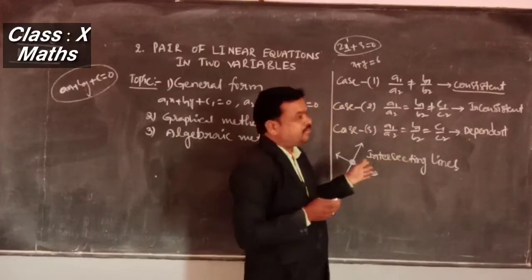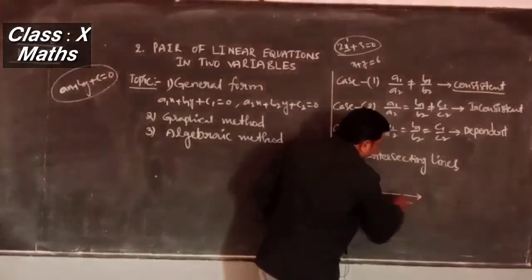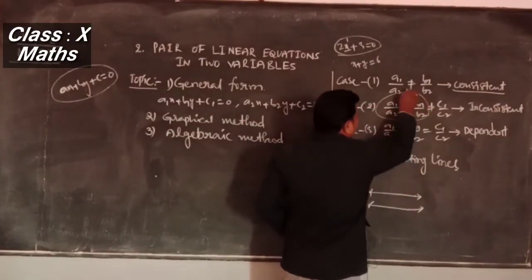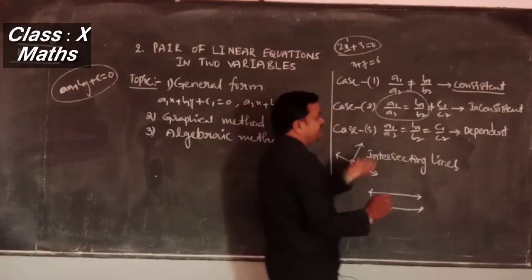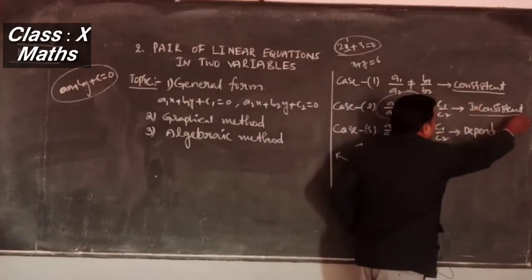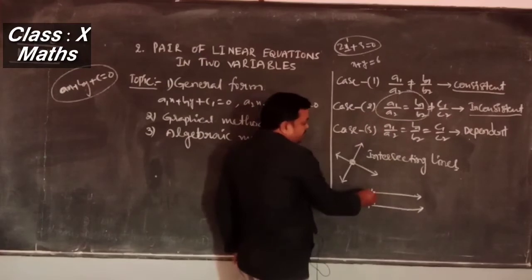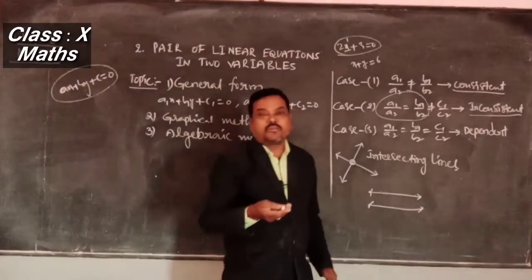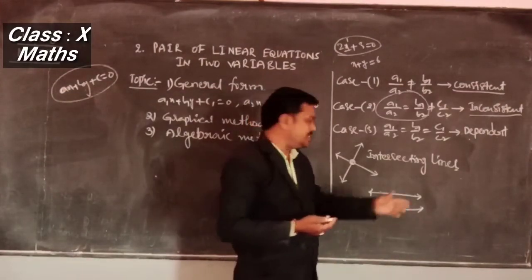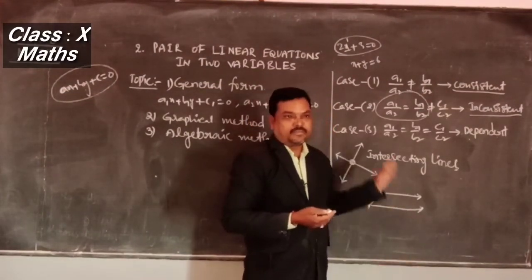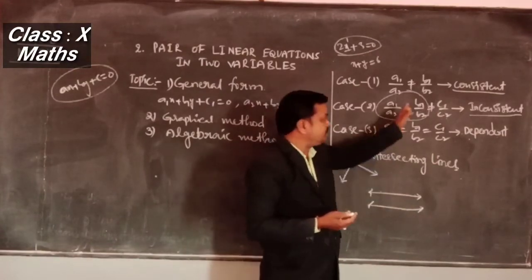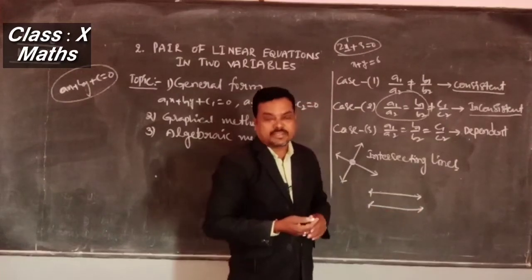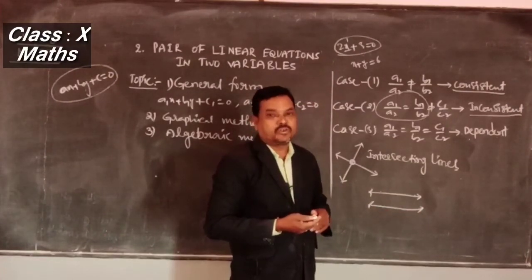According to the graphical method, they are parallel lines. When the two ratios are equal and the third ratio is not equal, the pair is inconsistent. The algebraic representation is that they have no solution because the lines do not intersect.